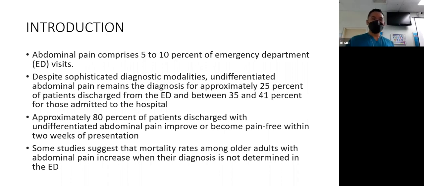Of all, 25% are discharged, and between 35 to 41% are admitted. But approximately 80% of patients discharged with undifferentiated abdominal pain improve or become pain-free within 2 weeks of presentation. Some studies suggest that mortality rates among older adults with abdominal pain are not determined.